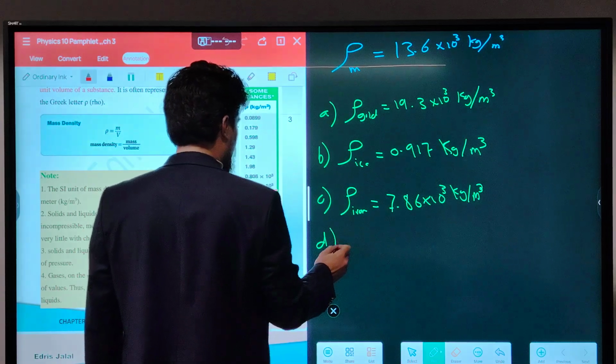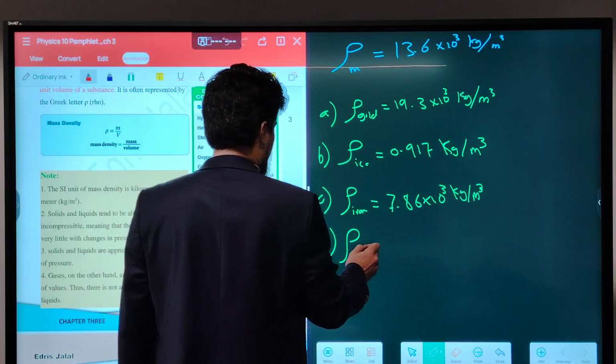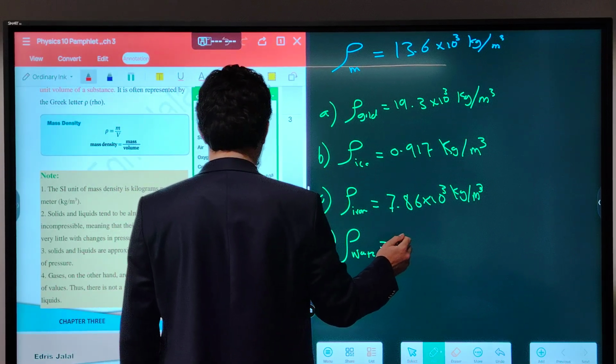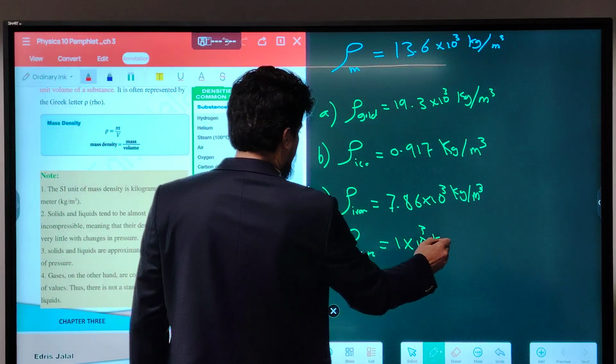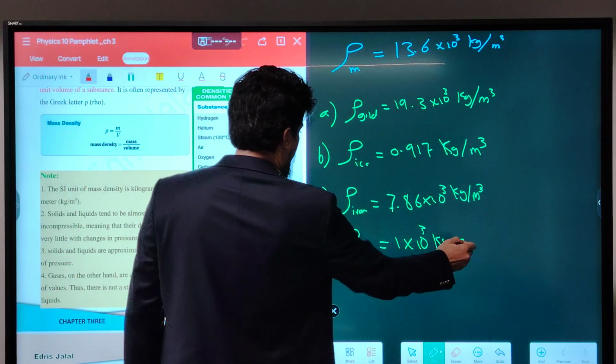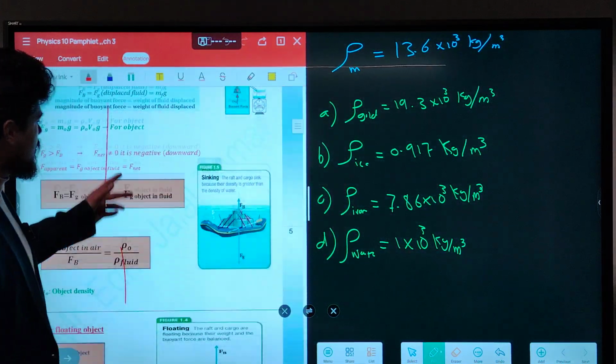The last one, the density of water, is equal to 1 times 10 power 3 kilogram per meter cube. Let's go back to the question.